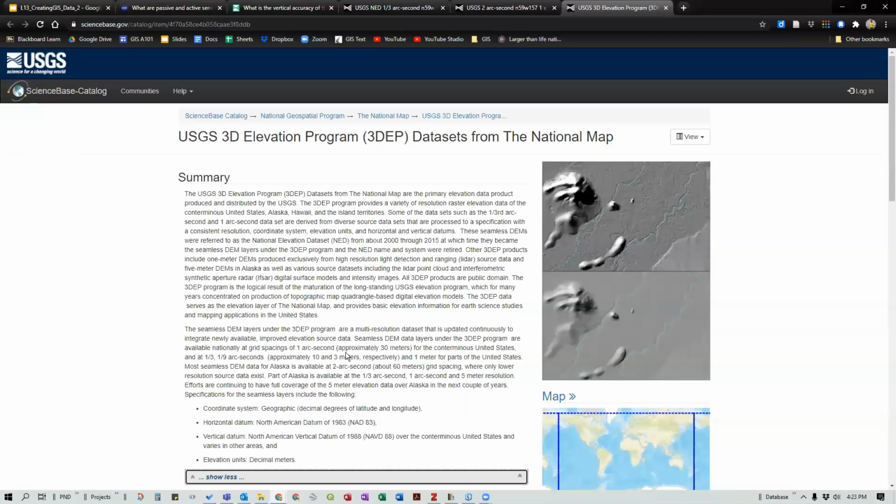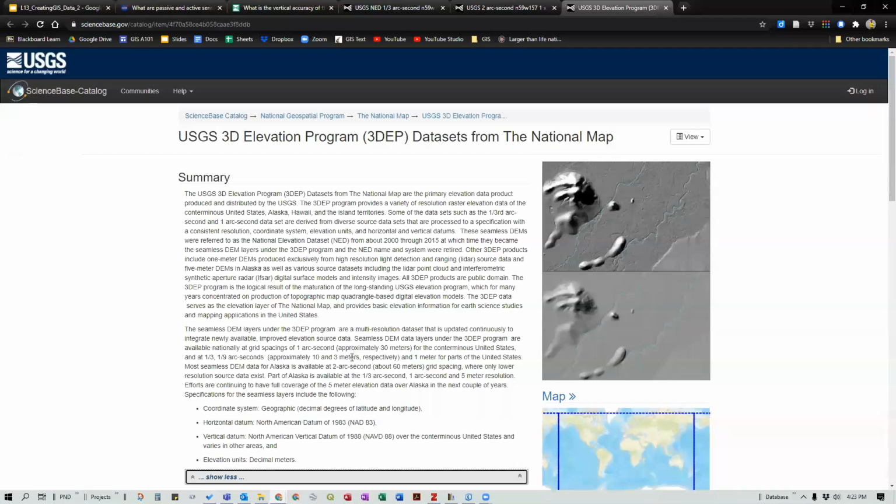So there's a variety of different resolution qualities available for the 3DEP program, and typically have to do with how much interest there is in an area, right? We're not going to spend a lot of time and money collecting high resolution data over an area that people don't care about as much as a city or a region that has a lot of people and development.